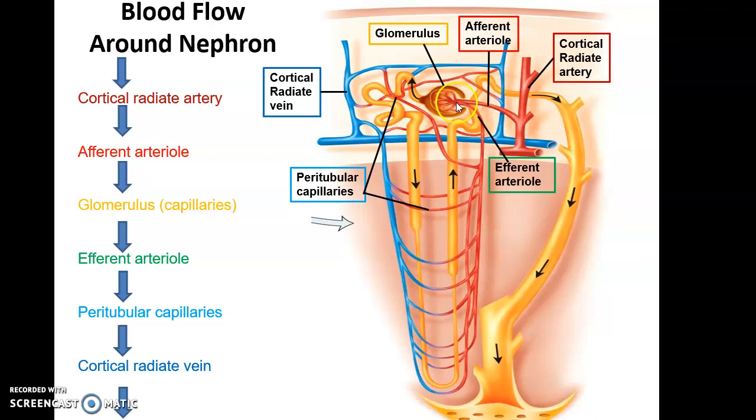The afferent arteriole arrives in a capillary bed within the nephron called the glomerulus, and then blood exits via the efferent arteriole, goes into a second capillary bed called the peritubular capillaries, and then from there it will return the blood to the cortical radiate vein, and so on. So once the blood arrives in the cortical radiate artery, it branches into smaller structures that are associated with the nephron, and then eventually leaves the nephron and exits out the cortical radiate vein.